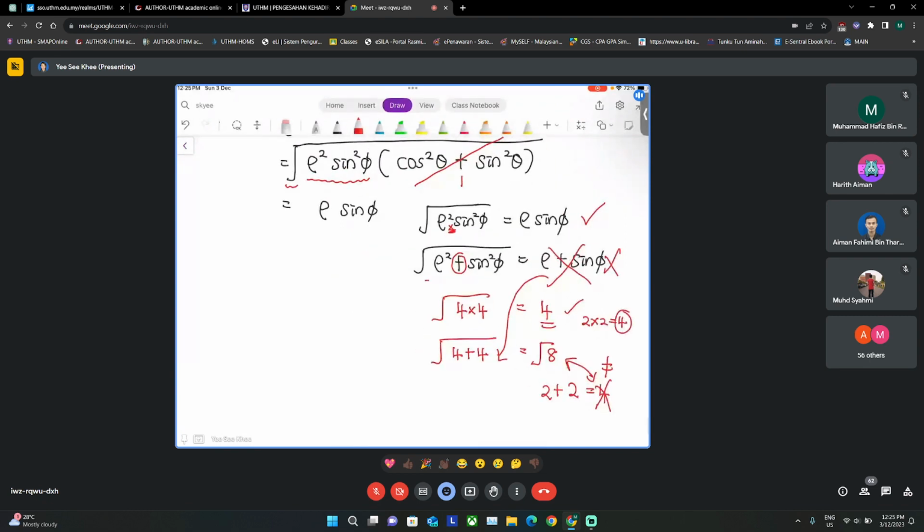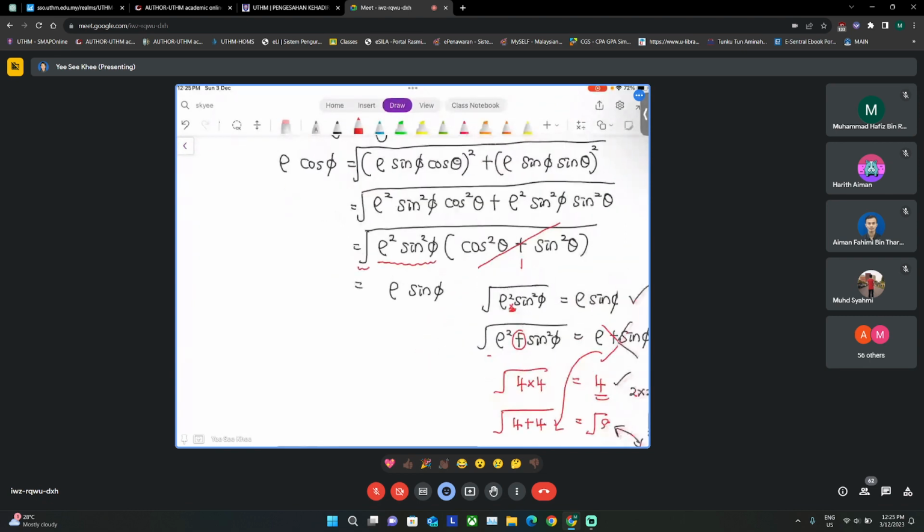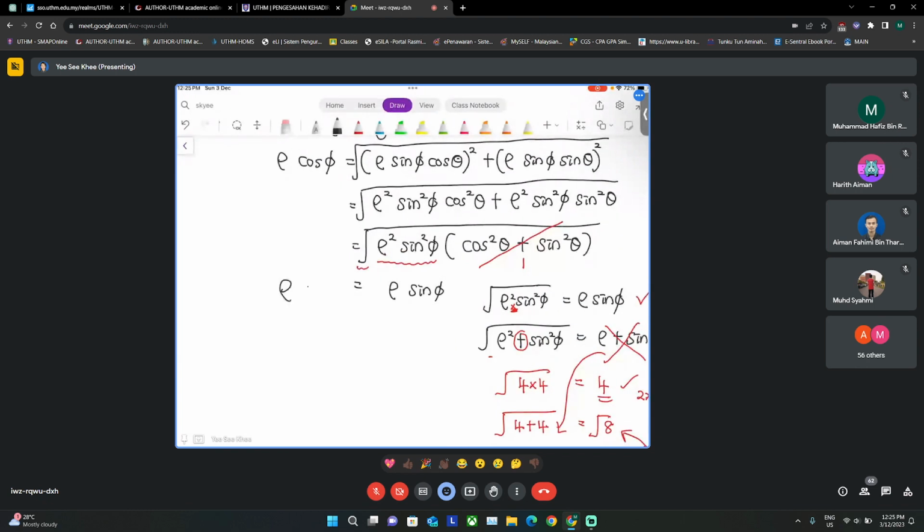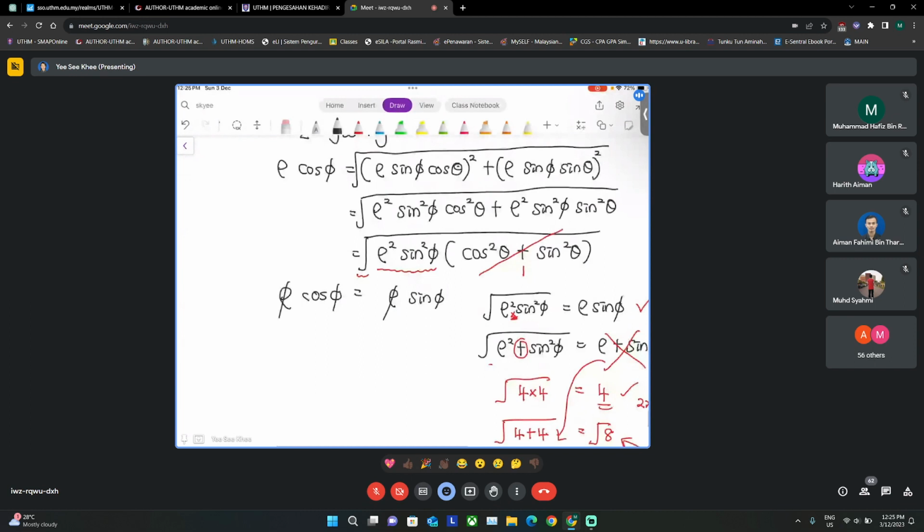Okay, we go back to the questions over here. So how to simplify this thing? This one you can divide with this one. Am I right? So you can move the cos to the right hand side. So you have a square root.